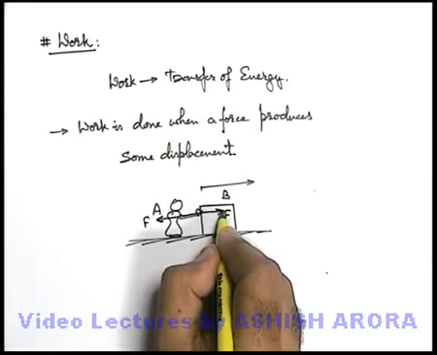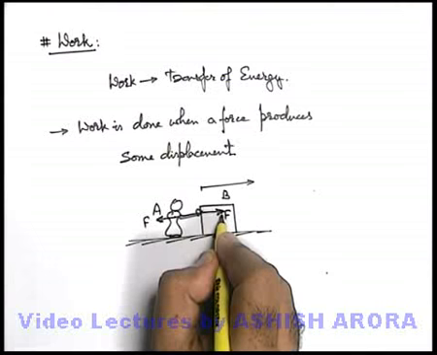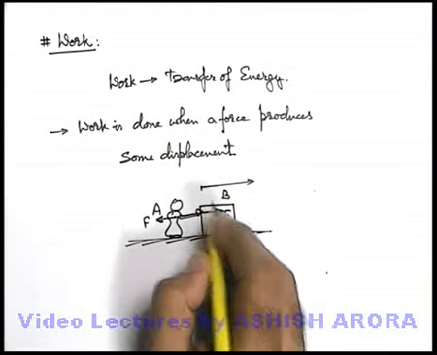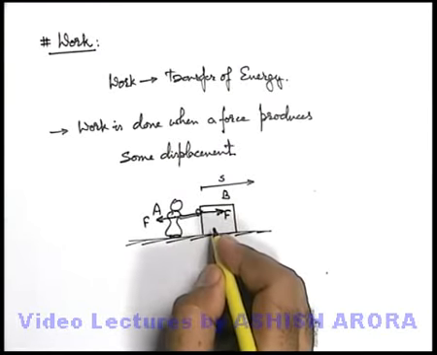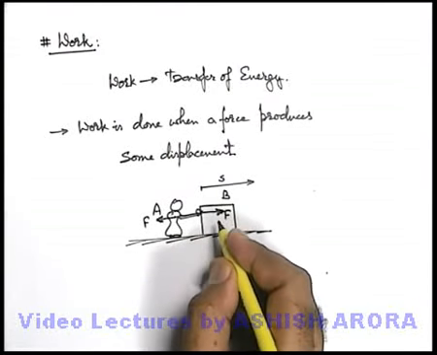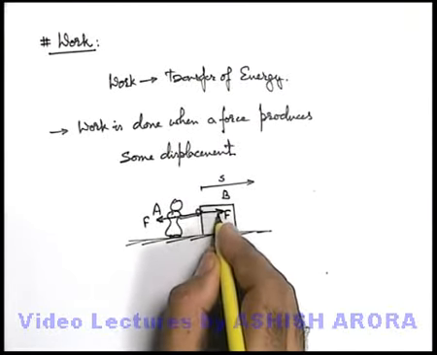You can see this force which the boy has applied on the block is displacing the body. Say the displacement is S. We also calculate the amount of work, that is, the amount of energy transferred from boy to block.